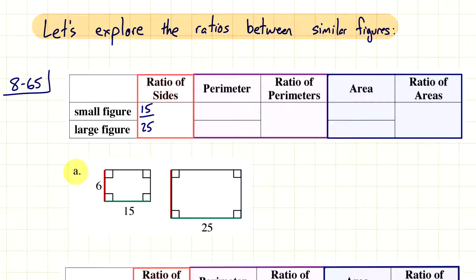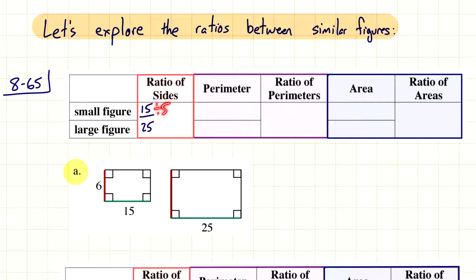Now, we want to reduce it if possible, so I put it a little bit to the left to make room for a reduced fraction. So what does 15 over 25 reduce to? What number goes into both 15 and 25? It looks like 5 goes into both of these.